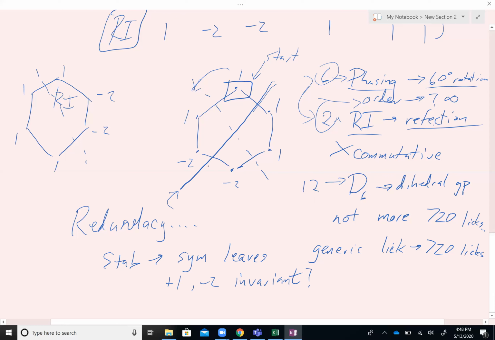So how do I write this reflection in terms of the retrograde inverse reflection and a rotation? Well, all the reflections in the dihedral group differ by rotation. So I can just do my Ri first and then see how much I have to rotate it to get the one I want.